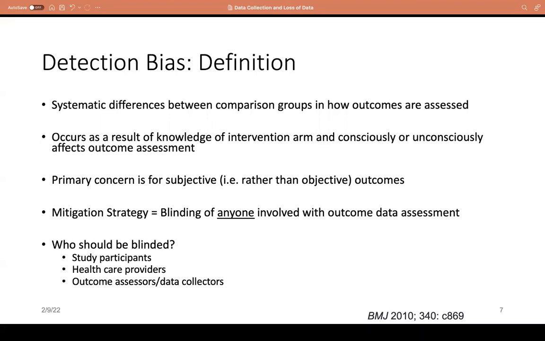Sometimes you'll read about open label studies where people know what they're taking, but often study participants will receive the intervention or a placebo to help control for this. Healthcare providers that are seeing these patients should also be blinded, and then of course the outcome assessors and the data collectors who are actually determining these study participants' outcome status.